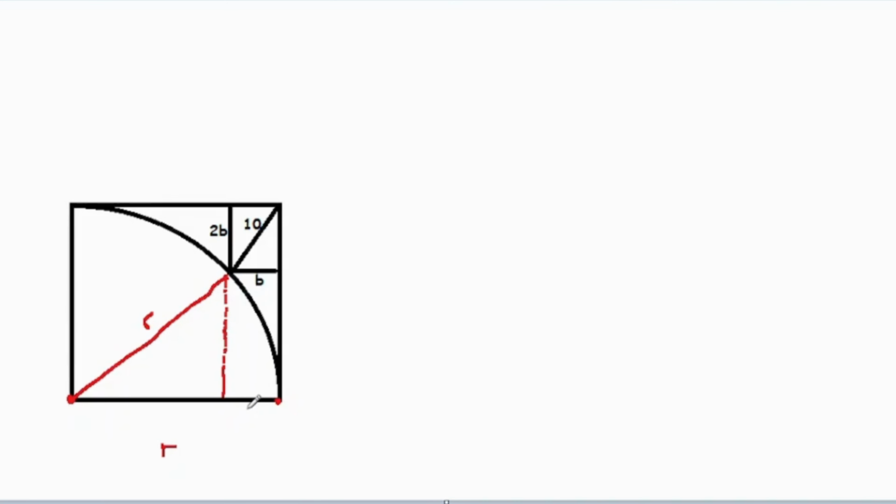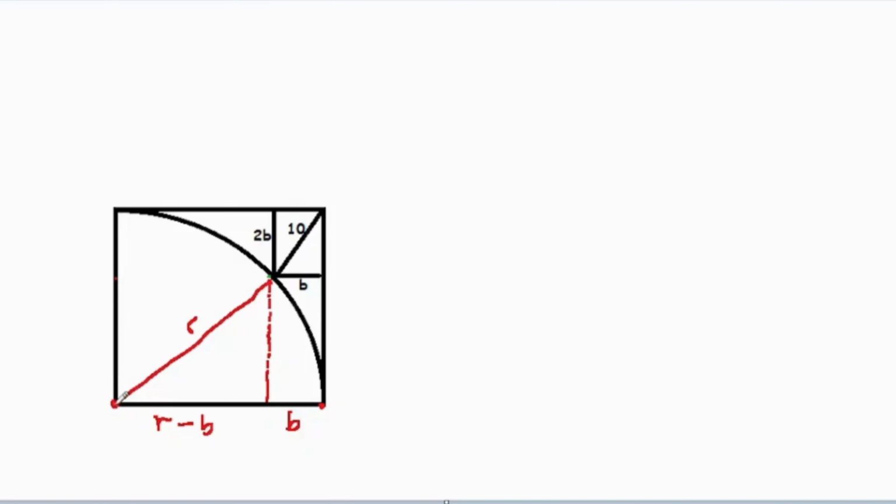B. So therefore I can label this as B. Then what about from this region to this region? If the whole line is R and this small portion is B, then here is going to be R negative B. Now from this point up here is the radius of the circle, so we're going to label it as R. Okay, good.